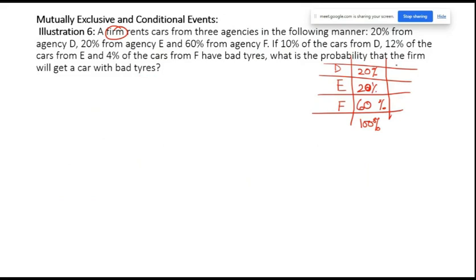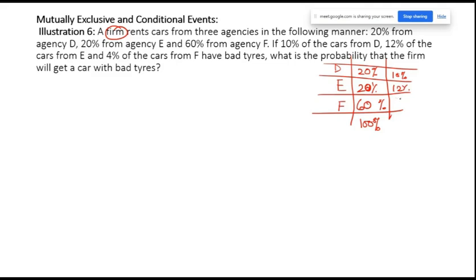That means sometimes out of this 20%, not total 20%, 10% of the 20%. Suppose 20% means there are say 4 cars, then 10% of those 4 cars, not half of the 4 cars, 10% are having bad tires. Here 12% are having bad tires.